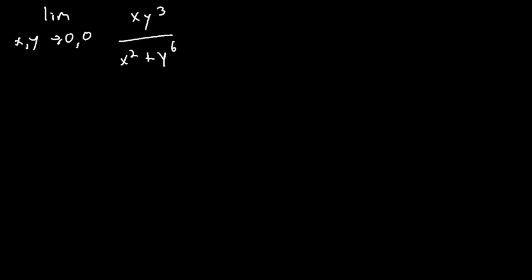Okay, for this one, it's slightly different than the ones we've been doing. But for this, maybe you've noticed this already, you can actually take the path of x being equal to y to the power of 3, which will look very weird. I'm just drawing the visuals. You guys don't need to draw the visuals, but this path looks like this. And y is equal to y for this. So what happens if we do this?